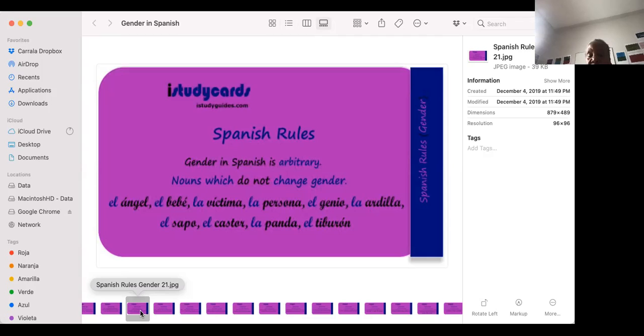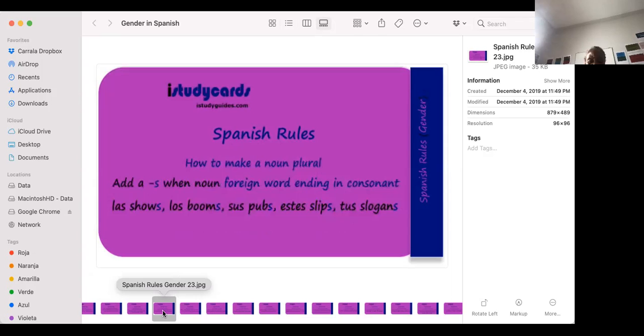In the case of masculine, it doesn't have a feminine form, and in the case of feminine, it doesn't have a masculine form. La panda, el tiburón, el castor.